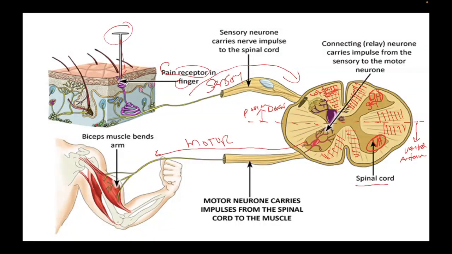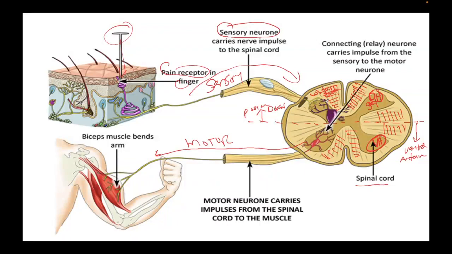That receptor picks up this input, the stimulus, and it's going to send that sensory information through this sensory neuron right into the spinal cord. And there is a synapse. There is a connection in the dorsal horn. It's going to relay that information to the motor neuron.